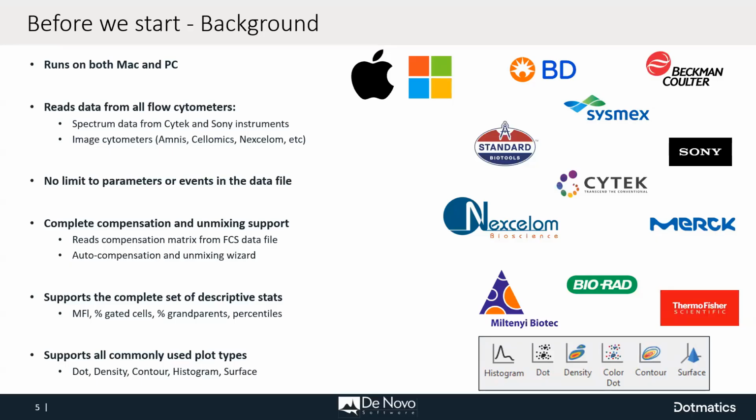We also support all commonly used plots. So you'll see that we say dot plot, contour plot, density, histogram, surface plots. And I know in FlowJo, a contour is a zebra plot, and then a density could be a pseudo color. So we're using different terminology, but we're doing all of the same things.